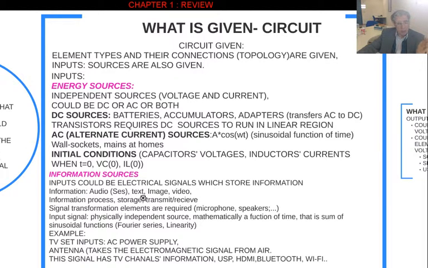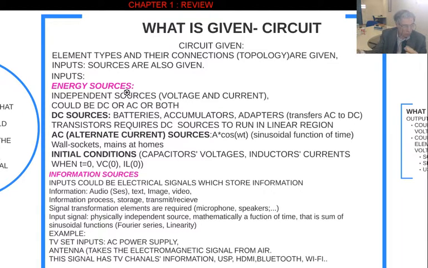Let's give a practical example for the information sources. Consider a TV set. The antenna transfers the electromagnetic signals to electrical signals as an input to our TV set. That signal is an information source for the TV. We connect the TV set to the power source, that is the energy source.